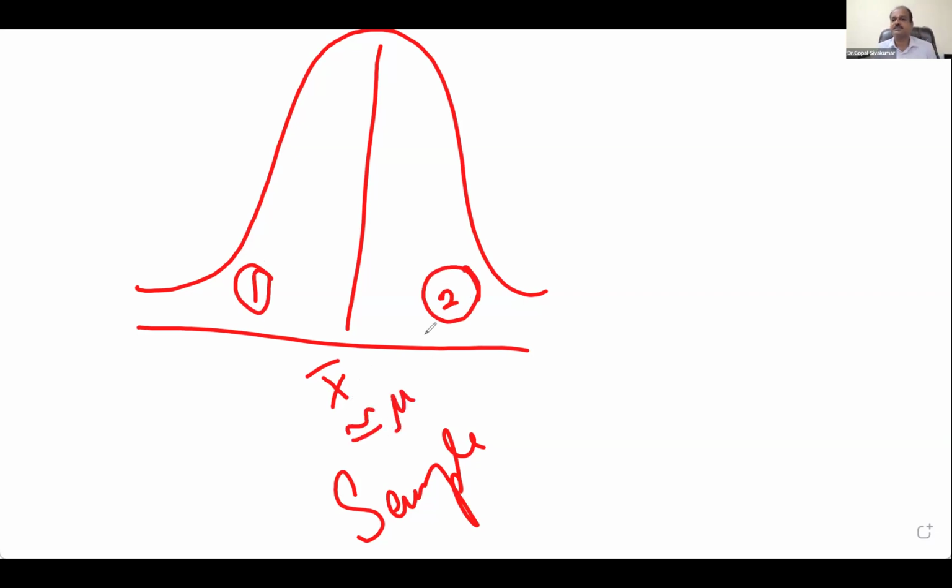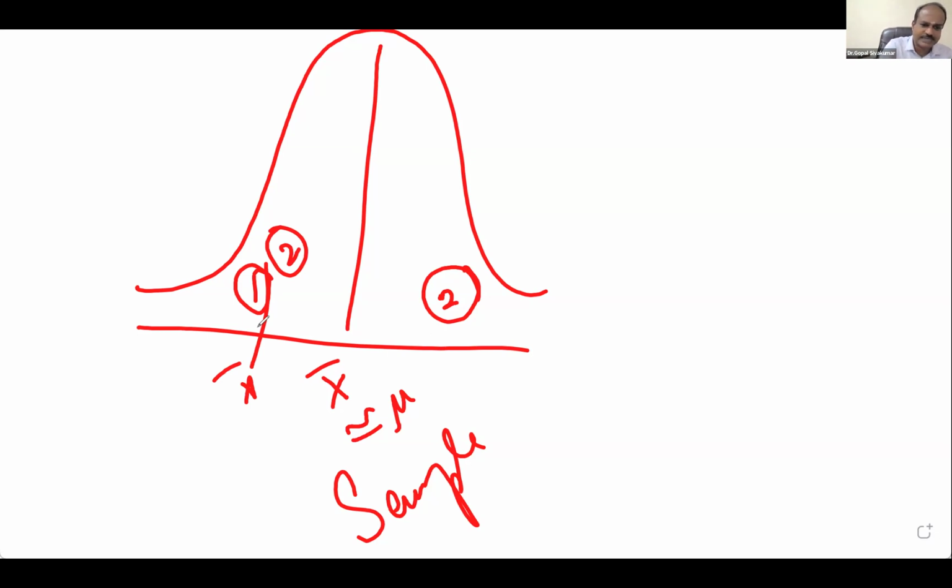Yes or no? This is called a sampling technique. If you don't know this, you take both samples from this side only, then your sample average will appear here. Yes or no? That will lead to a poor decision.